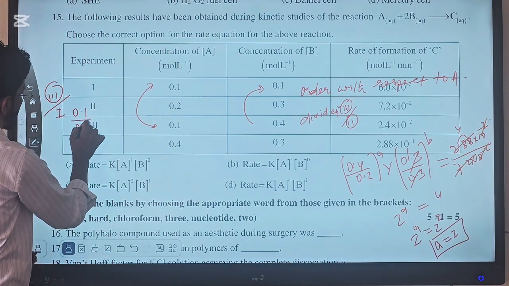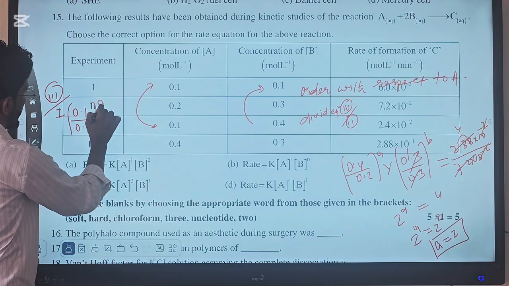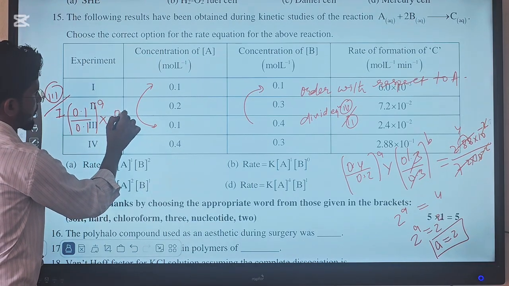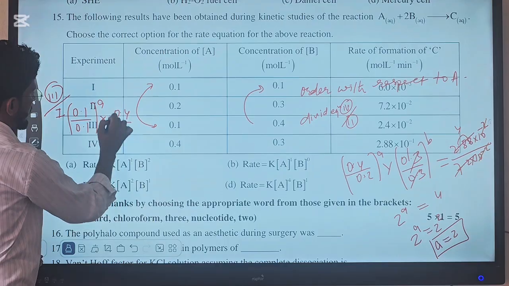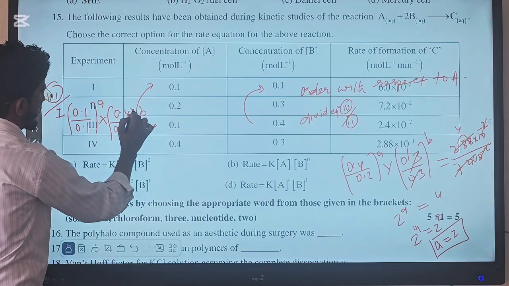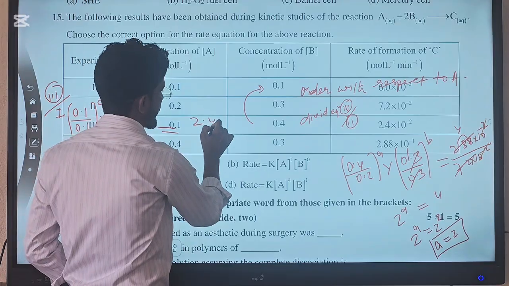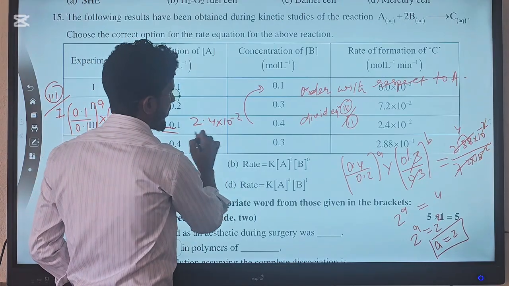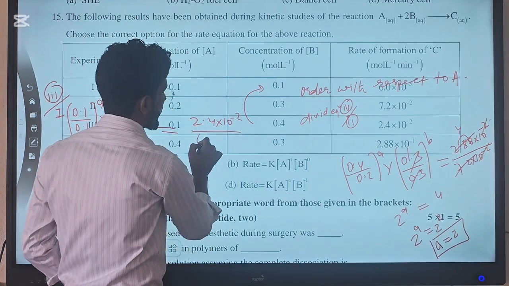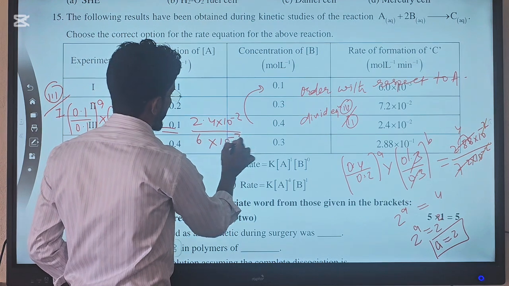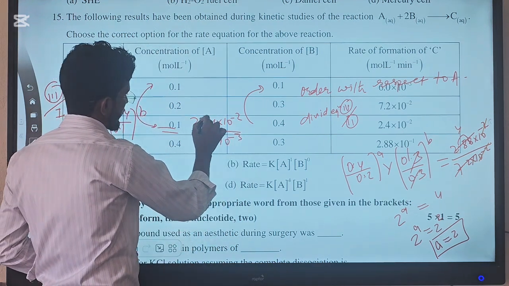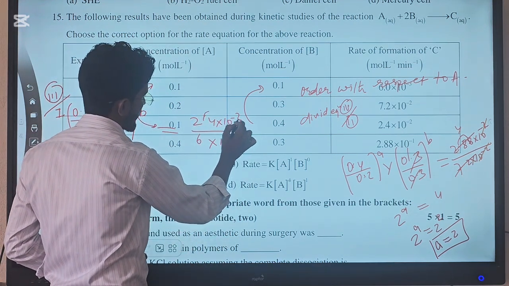0.1 upon 0.1 to the power A into 0.4 upon 0.1 to the power B is equal to 2.4 into 10 to the power minus 2 upon 6 into 10 to the power minus 3. What did we get here? If we remove the decimal point, it becomes 10 to the power minus 3.